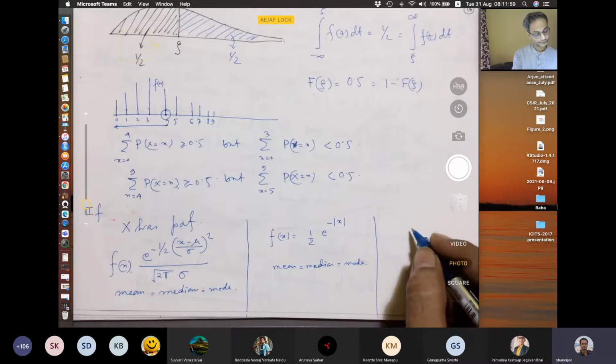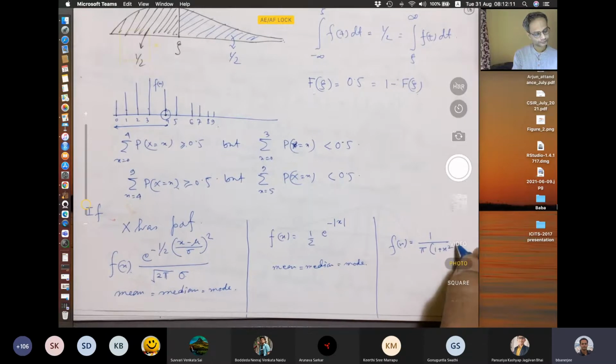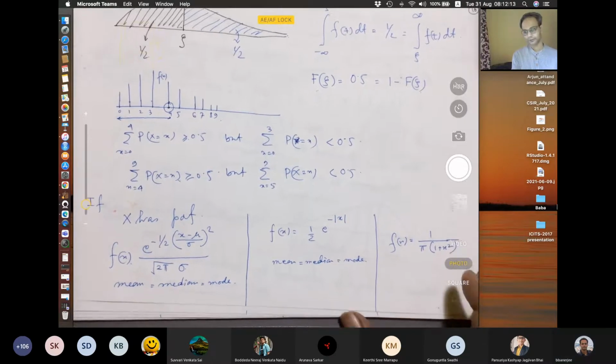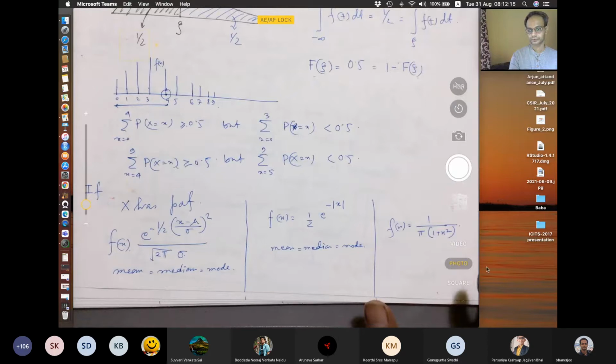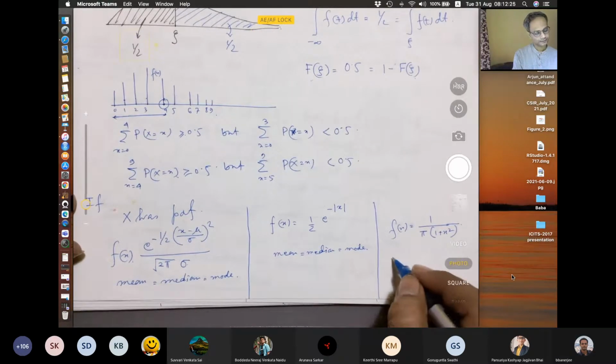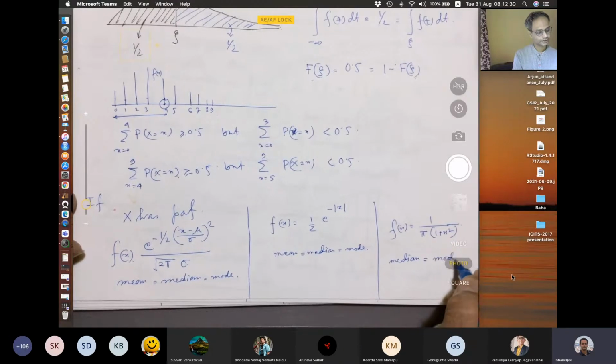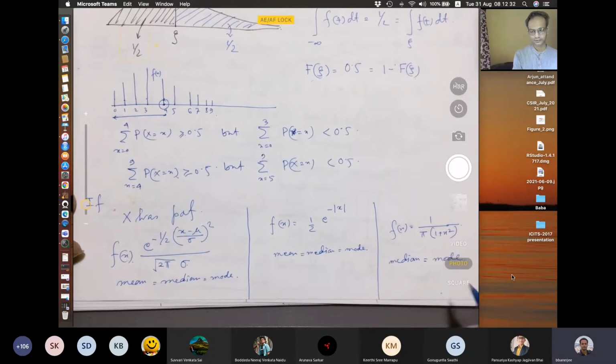But another interesting distribution that we have already introduced is this: f(x) equals 1 by pi times 1 plus x square. For this PDF, median equals mode, but the mean doesn't exist.